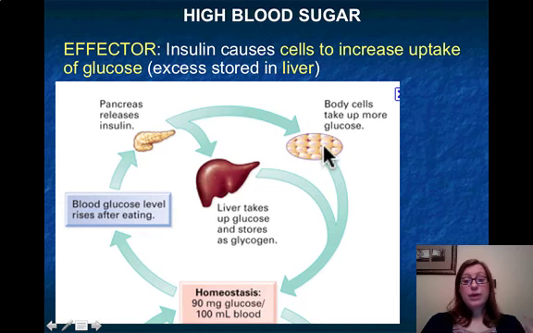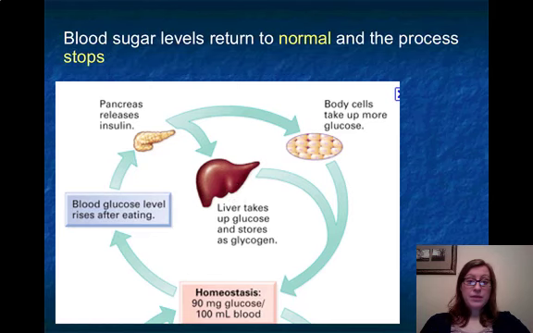So your body cells and your liver are going to help remove glucose from the bloodstream. As that happens, the blood sugar levels return to normal and the process stops. So we don't need to keep circling round and round. We just wait until there's another change in our blood sugar level.